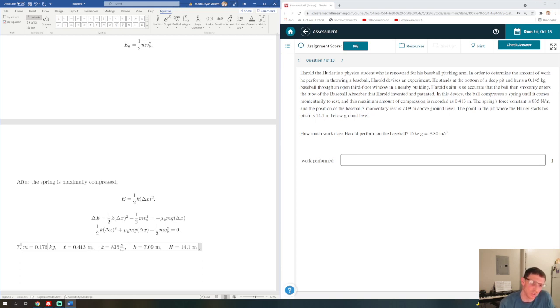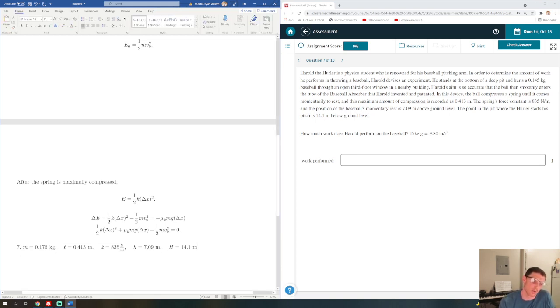Okay. So what about this one, right? Do we think that we want to use the work energy theorem or conservation of energy? Does anybody have an idea? So this is kind of a trick question because we actually want to use both.